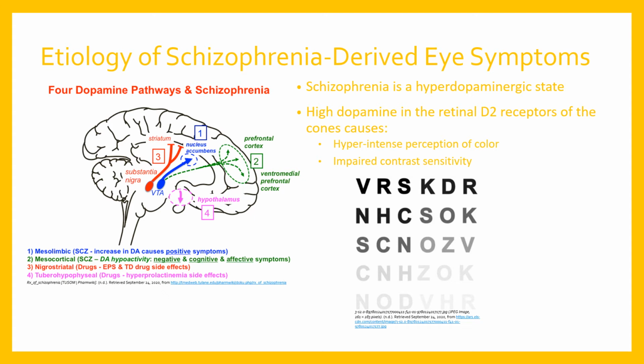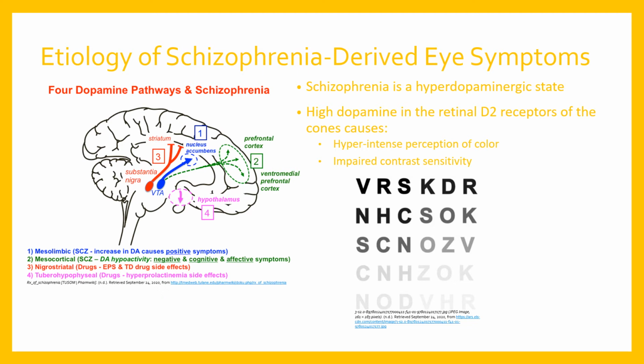In contrast, the mesocortical pathway observes a dopamine hypoactivity, and this causes negative and cognitive and affective symptoms. Some of the drugs can cause the other systems to activate too much, and some of the typical antipsychotics actually can overactivate the nigrostriatal and the tuberal hypophyseal pathways.